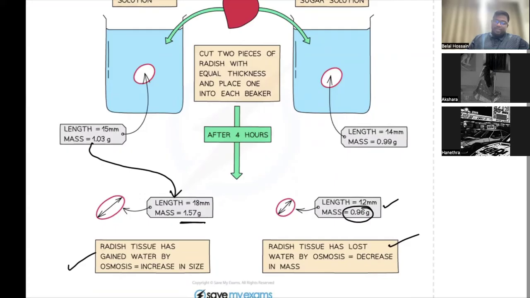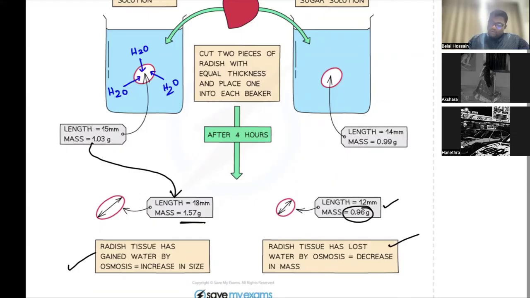What happened? In overall understanding, the net movement of water was inside this radish. So water molecules were moving into the radish because the radish had a high concentration of solute, which means low concentration of water. So water moved into the radish.